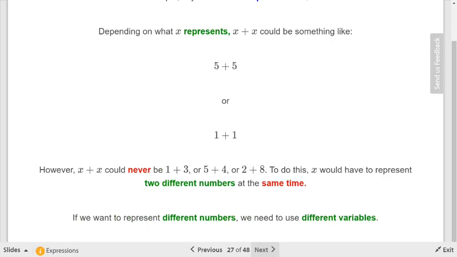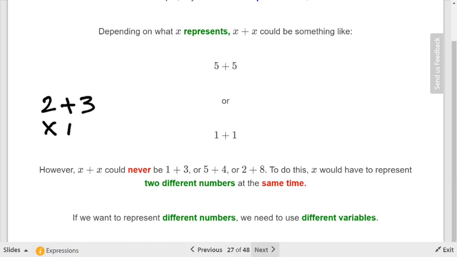All right. Now, different numbers, different variables. So if I have 5 plus 5 and I wanted to write that with just one set of letters, could I use the same letter for that? Sure, because they're both 5s, yeah? But what if I had 2 plus 3?